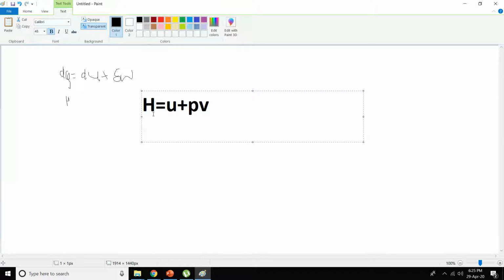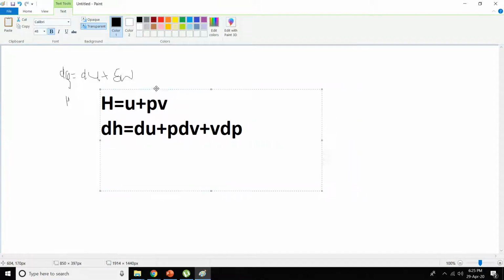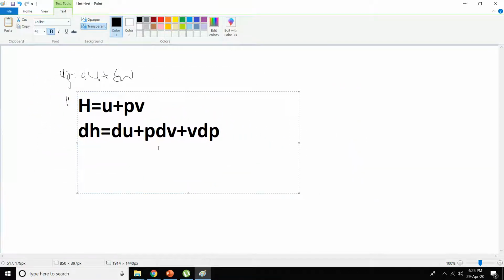So if we take dH, it is equal to dU plus P dV plus V dP. I mean, you have differentiated the enthalpy equation, that's all. There is nothing much going on here.